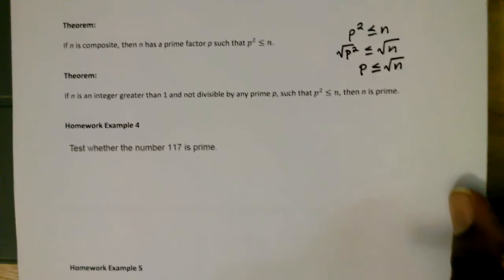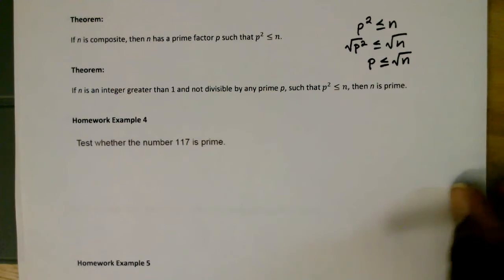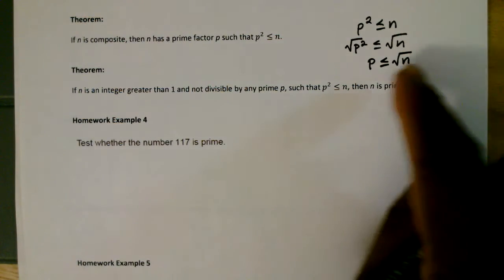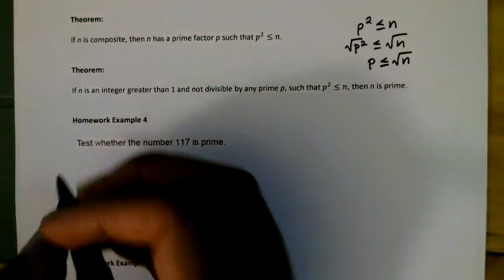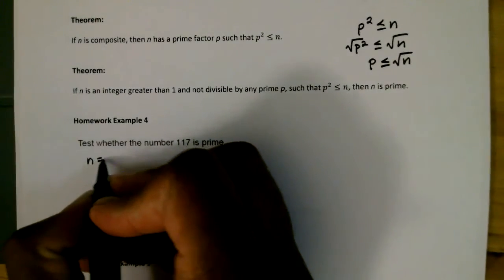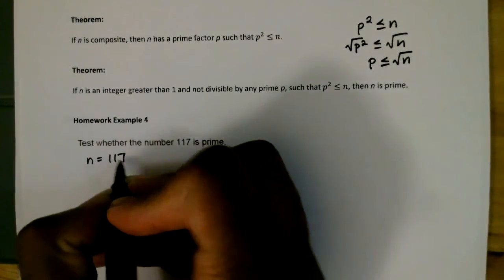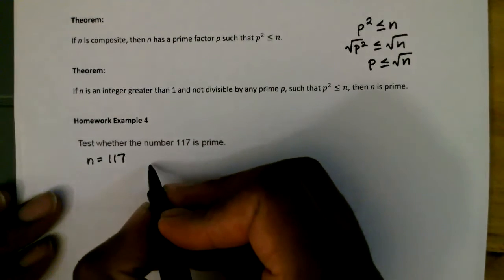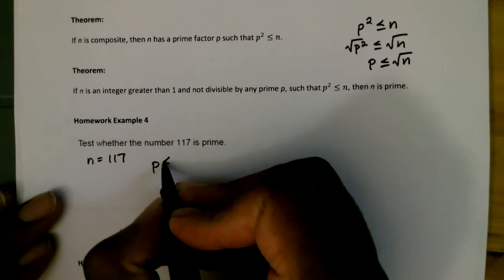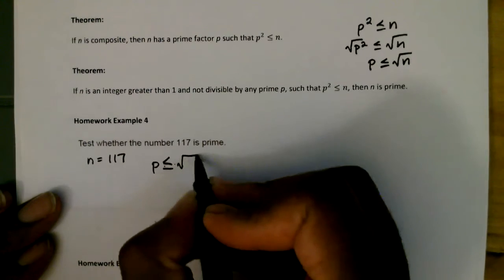So let's look at this example here. We want to tell whether the number 117 is prime using this. Here your n is 117. So p is less than or equal to the square root of n.